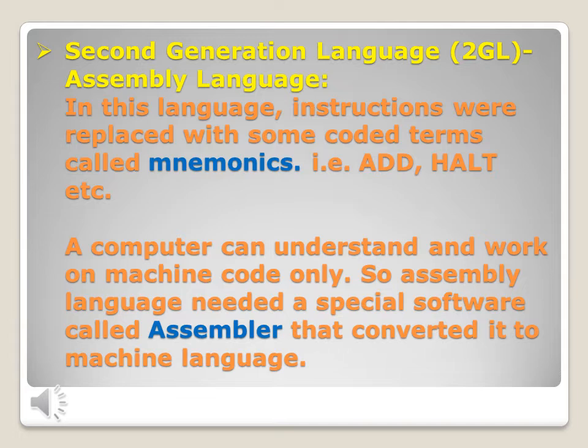A computer can understand and work on machine code only. So, the assembly code needs to be converted into the machine language, and the software which is used to convert the assembly language into the machine language is known as an assembler.